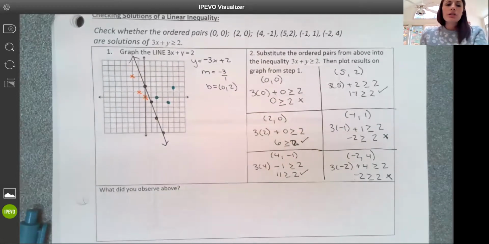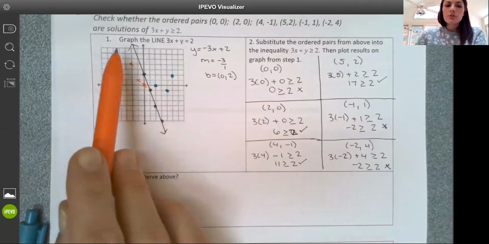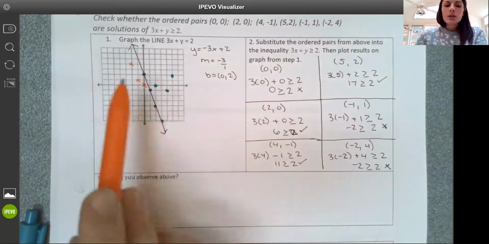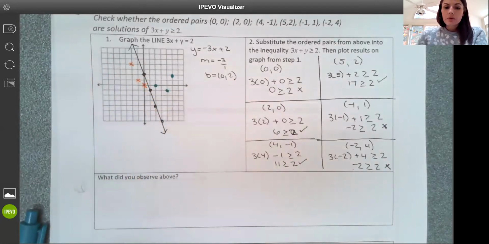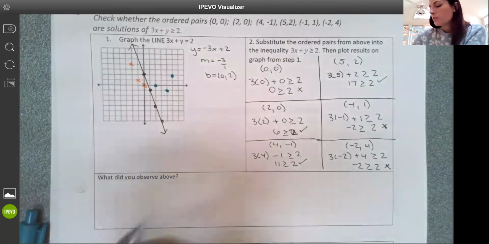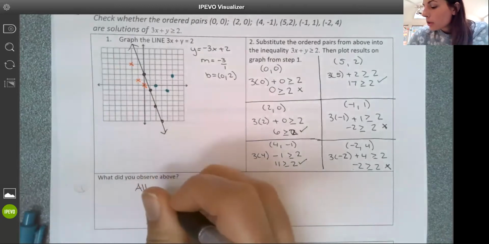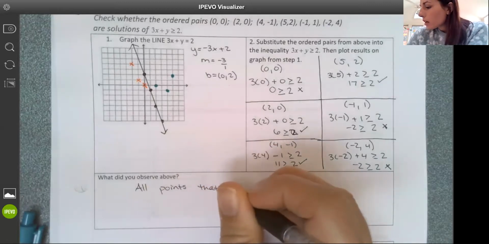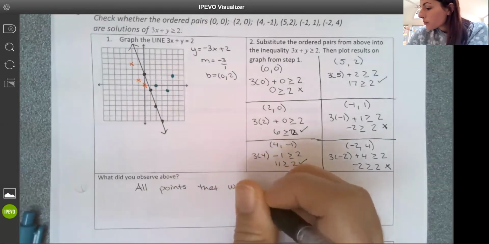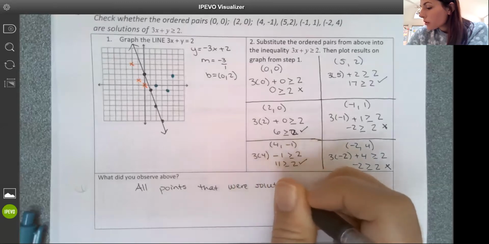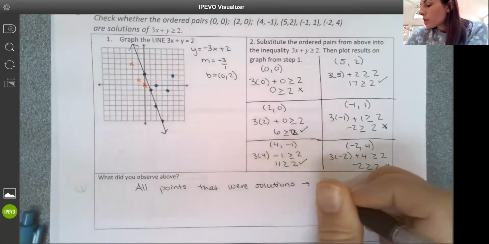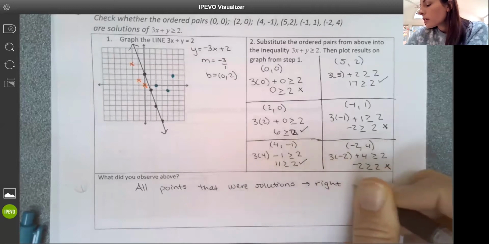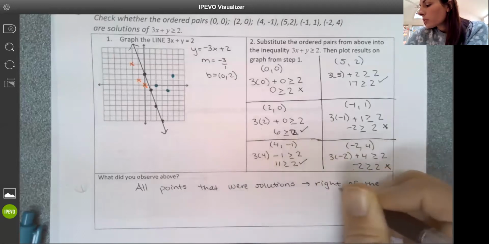So now I want you to take a moment and look at what happened. So here's my line. Here are the points that worked. Here are the points that did not work. And what do you observe? What you may observe is that all the points that worked, all the points that were solutions, were to the right of the line.